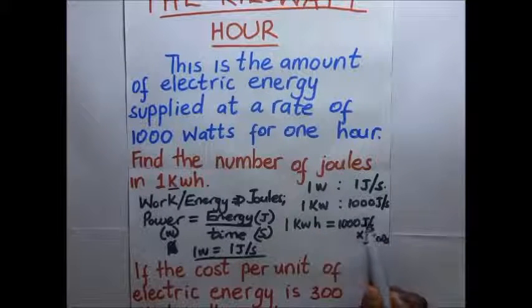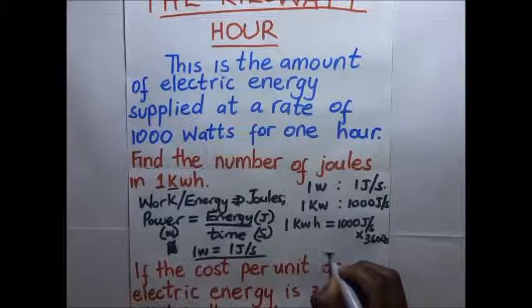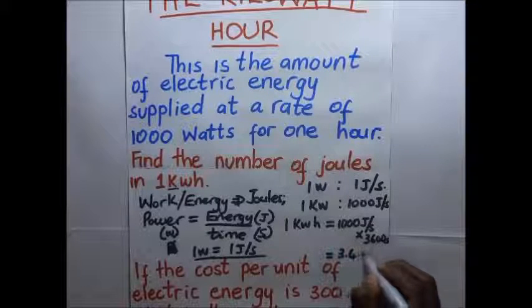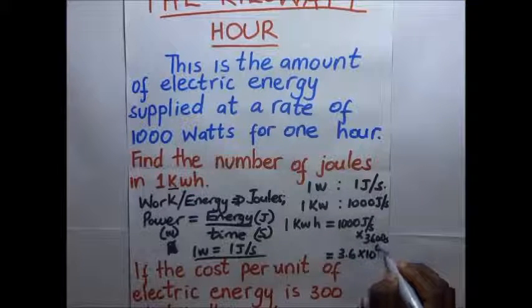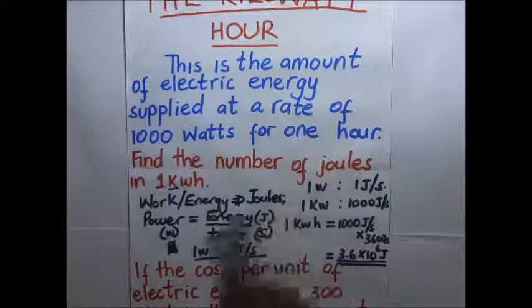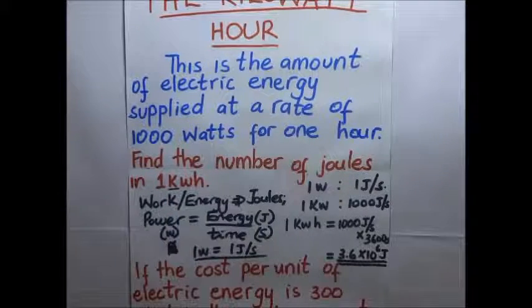As you multiply joules per second by a second, you remain with joules. So the answer we have here is 3.6 times 10 to the power 6 joules. And these are precisely the number of joules that are present in 1 kilowatt hour of energy.